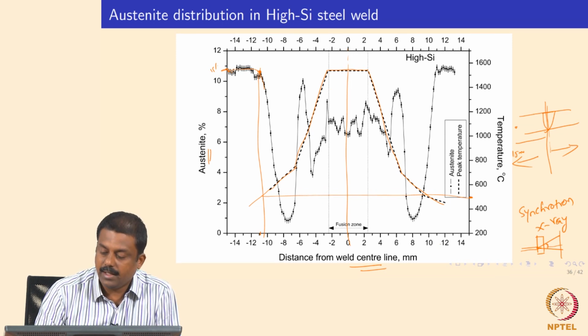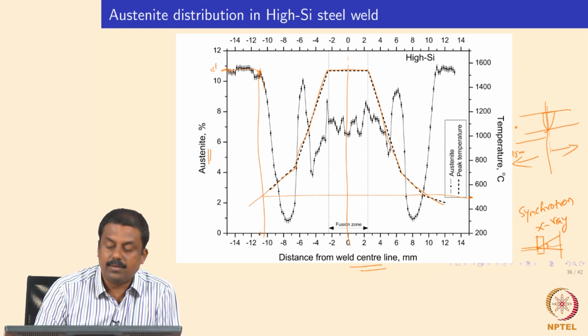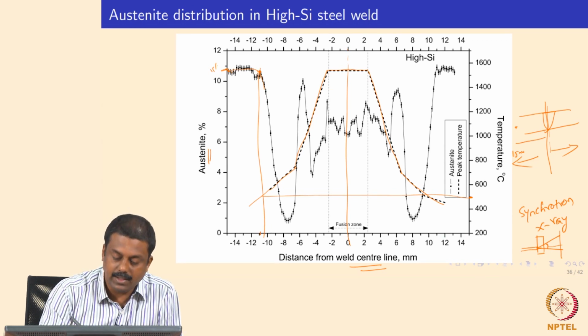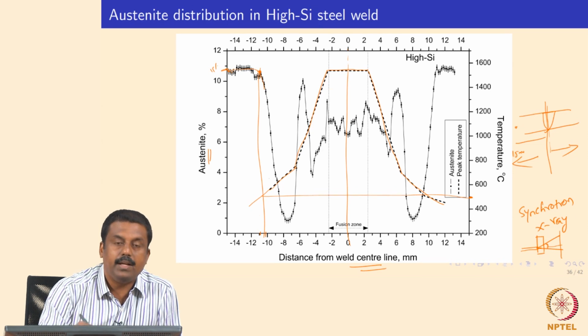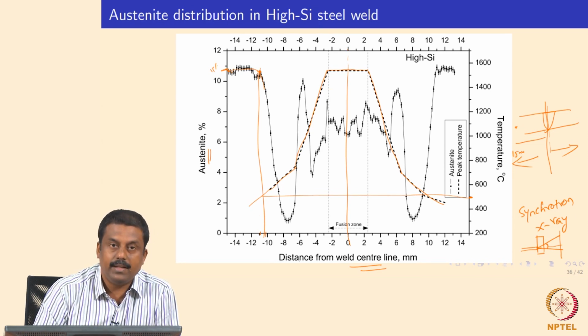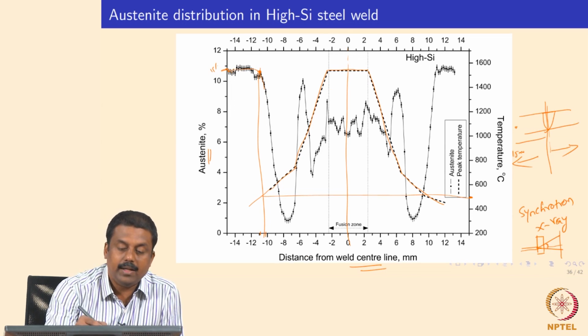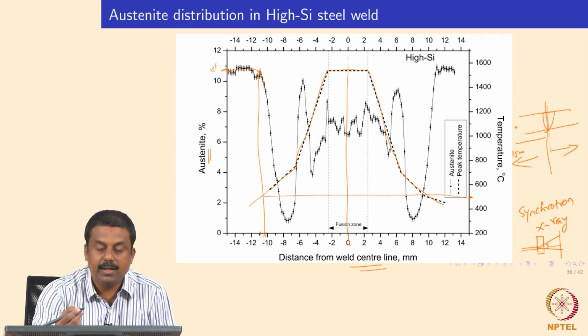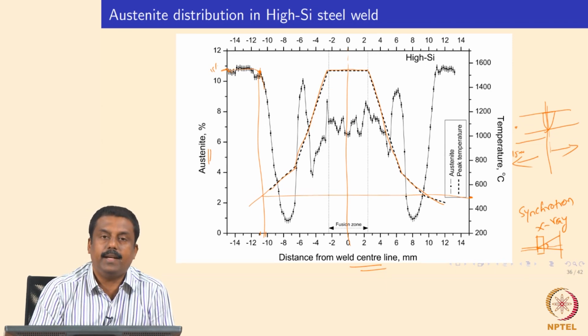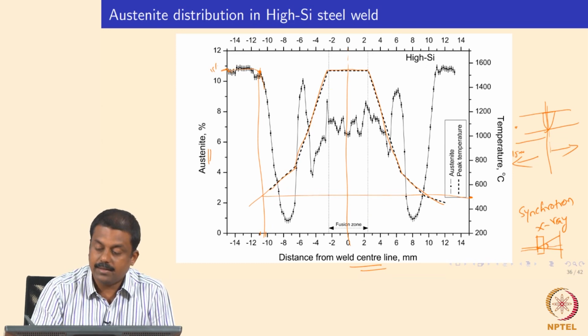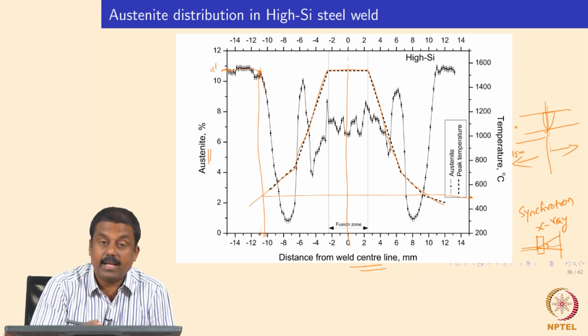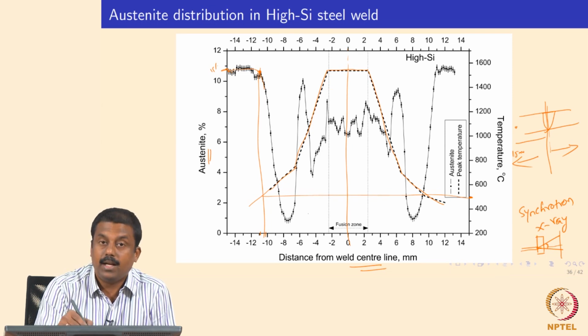So in this case, we clearly see that when the temperature increases to say 500 to 550 degrees centigrade at 10 mm, you see a decrease; the austenite starts decomposing into various phases. In the magnetic saturation measurement, we saw that retained austenite transforms at somewhere around 300 degrees centigrade, whereas here in the real case it's about 500 degrees centigrade, because the heating rate in welding is very high.